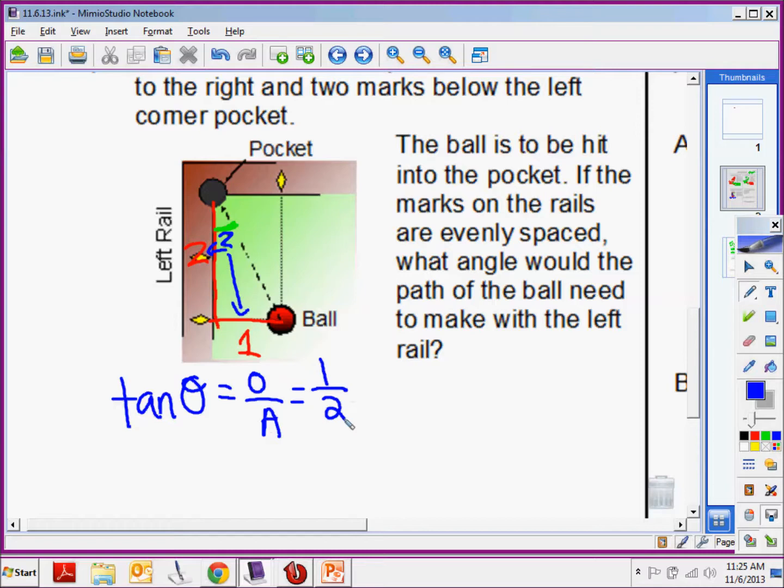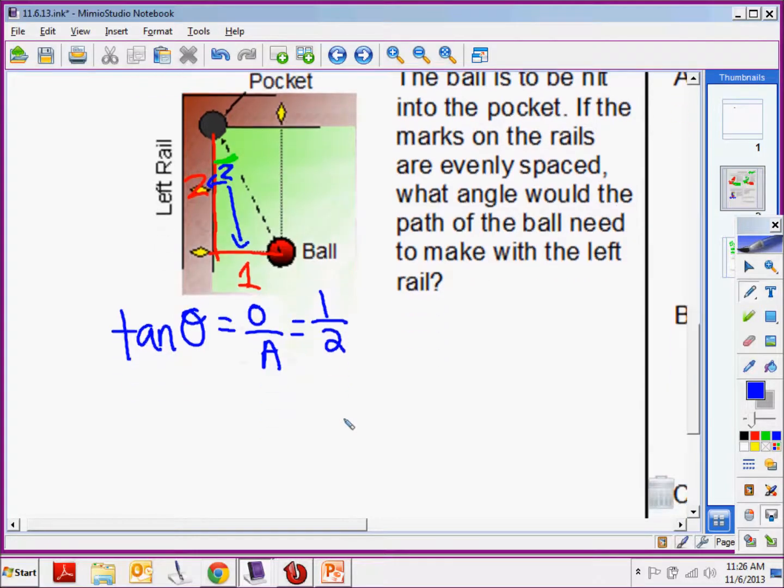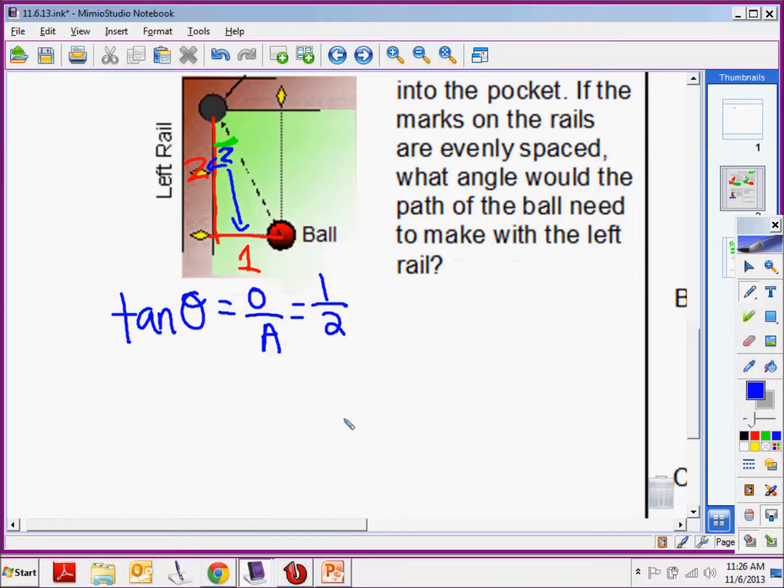What do you notice? Why do I have to use the inverse, Megan? Because it's in a fraction. Well, it's not just because it's in a fraction, but I'm looking for the angle. When you are looking for theta, you must use the inverse. When I'm looking for an angle, I can't just use sine or tan or cosine.